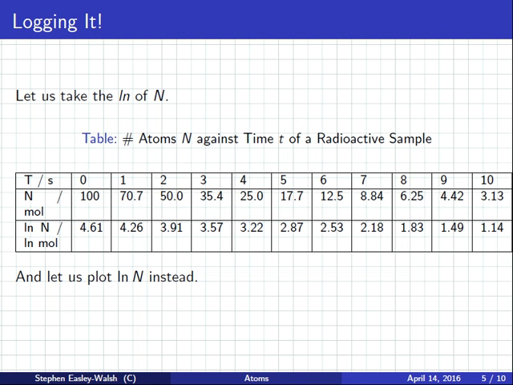ln N0. Yeah. The gradient should be lambda.